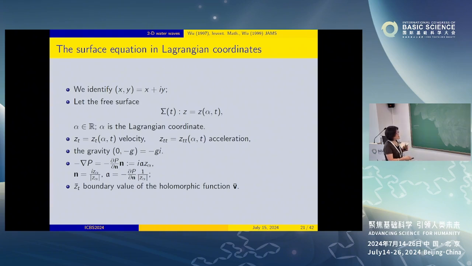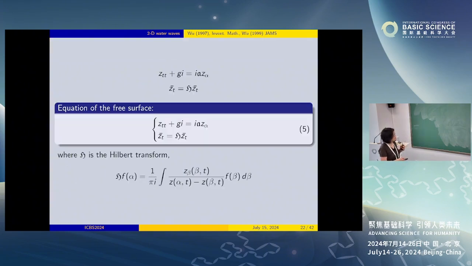So zt bar is a boundary value. We know that divergence V equals 0 and curl equals 0 is equivalent to V bar being a holomorphic function. These two equations are just the Cauchy-Riemann equations. So this is a boundary value of holomorphic functions, which means it satisfies the Cauchy integral formula. So you write down the Cauchy integral formula.